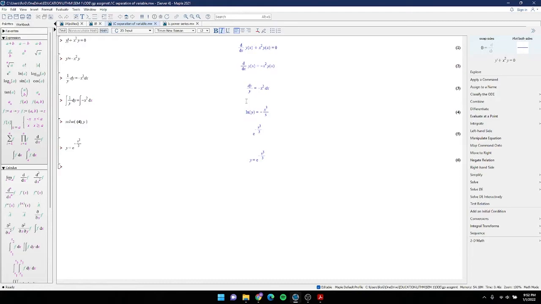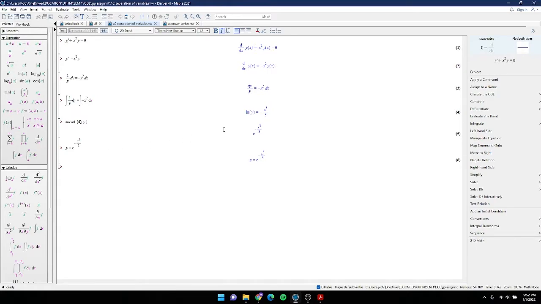So we integrate both sides, and it will be the integral of 1 over y dy equal to the integral of negative x squared dx. So it will be ln y equal to negative x power of 3 over 3, and then we transform it into exponent, and it will be exponent of negative x power of 3 over 3.